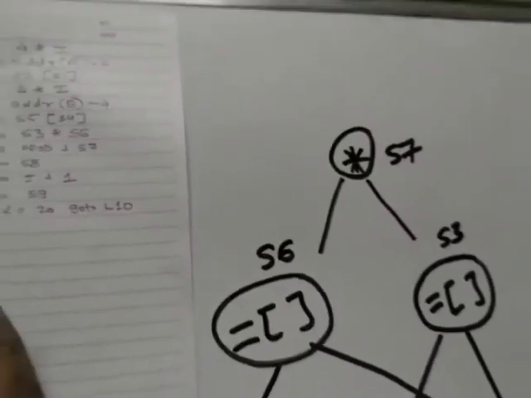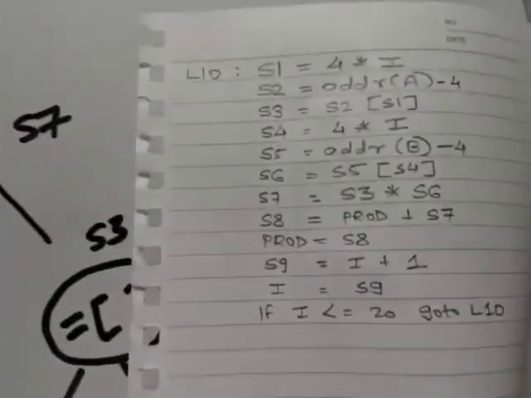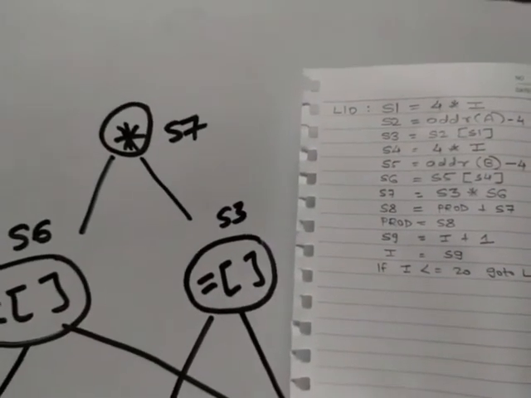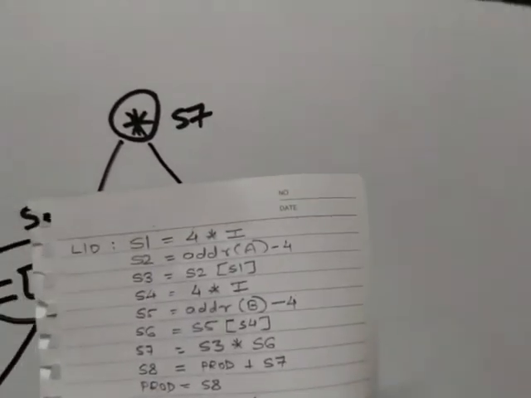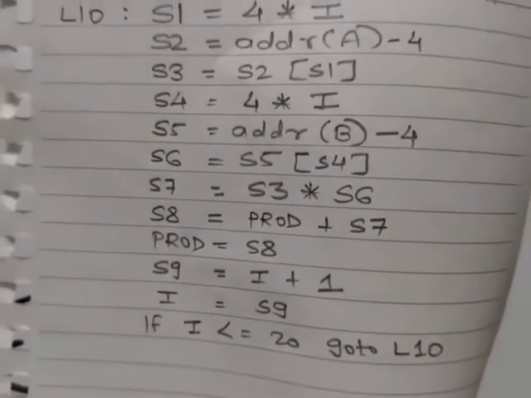So for S7, that is S3 into S6, we have created a node like this. If you are able to see, S7 is nothing but S3 into S6. Next node is asset equal to product. That is not production, it is product. Asset equal to product plus S7.